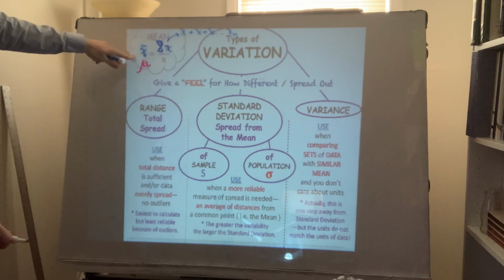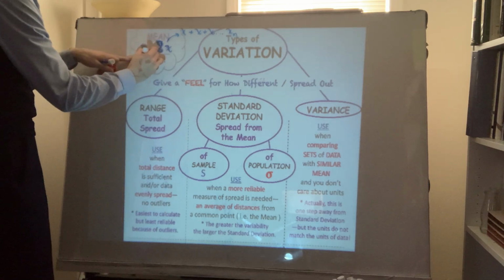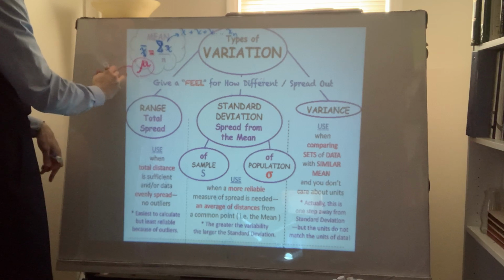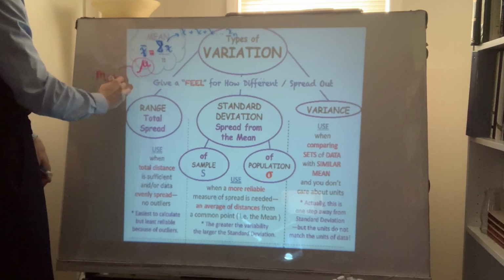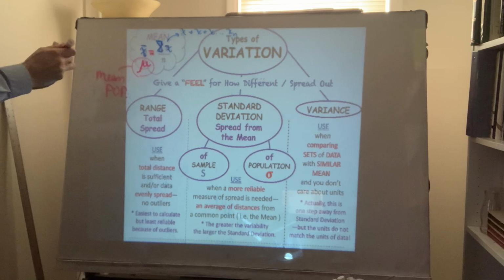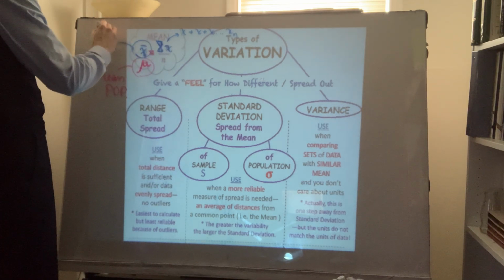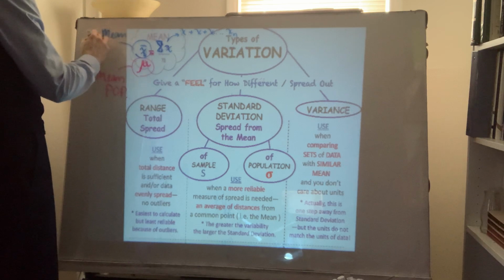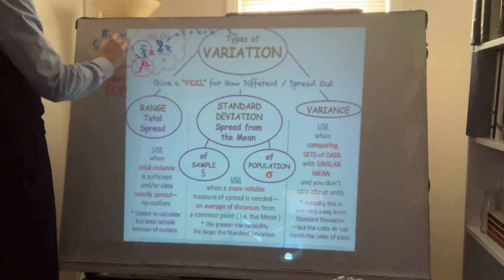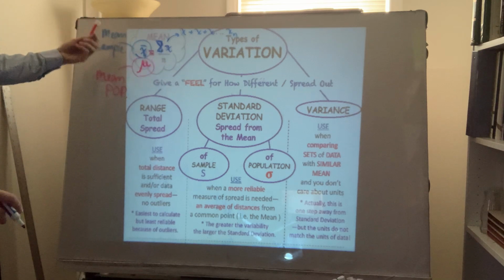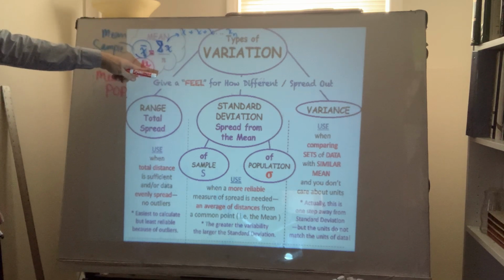Mu is the label that would be attached to this formula if you were looking for the mean of a population. More often than not, you're just simply looking for the mean of a sample. So you will see x bar more than you will see mu. However, that exists as a label, so beware.